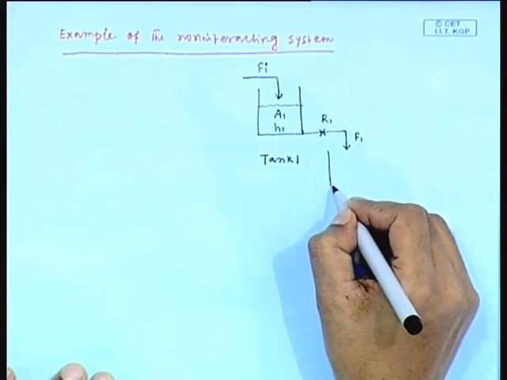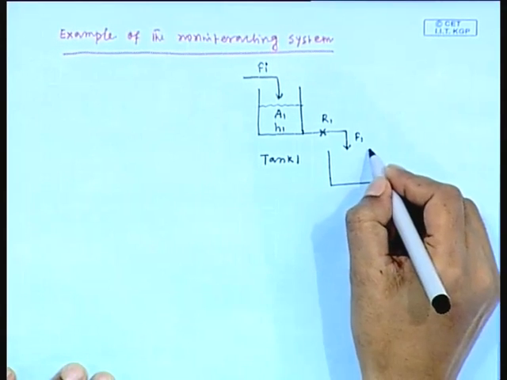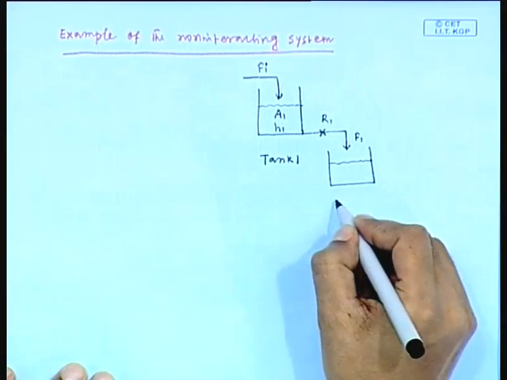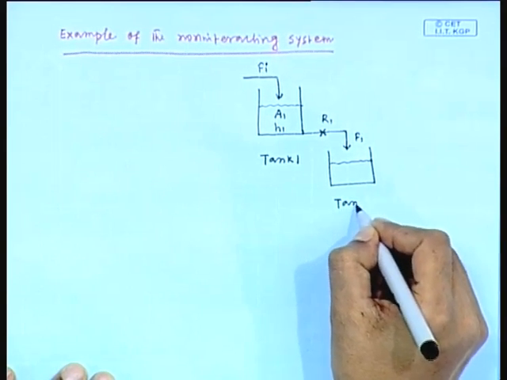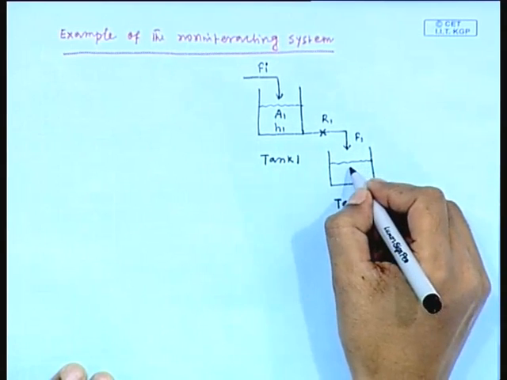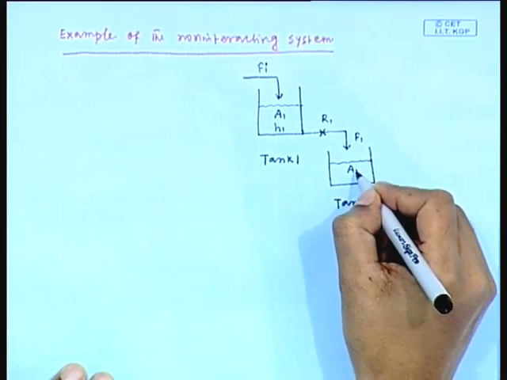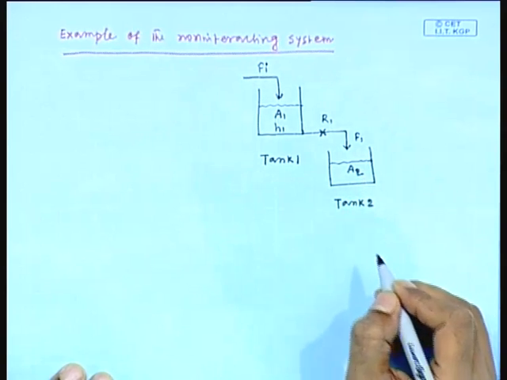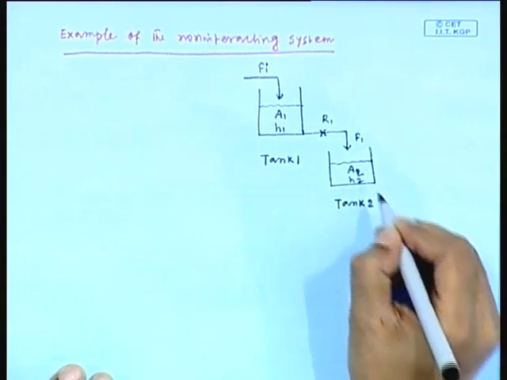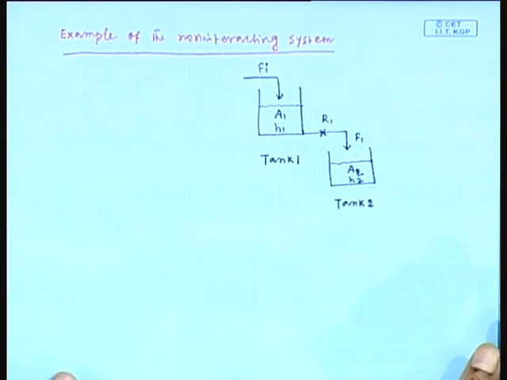This outlet from tank 1 enters tank 2. This is tank 2. Cross sectional area of tank 2 is A2 and liquid height in the tank is H2.